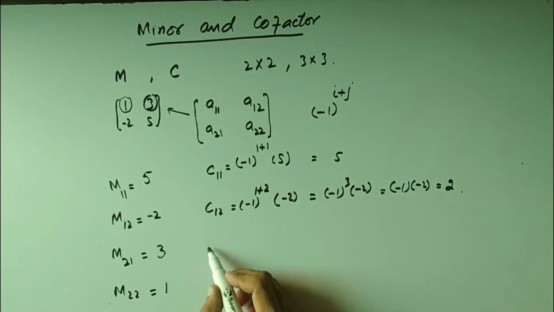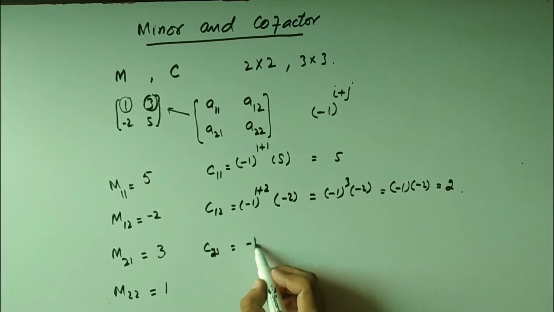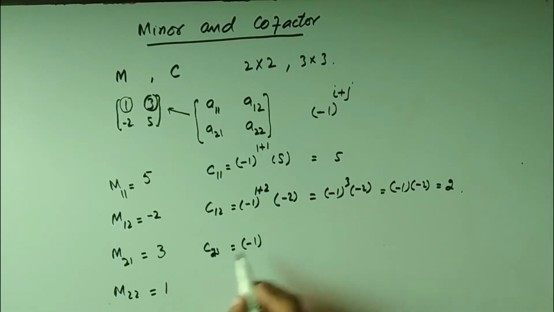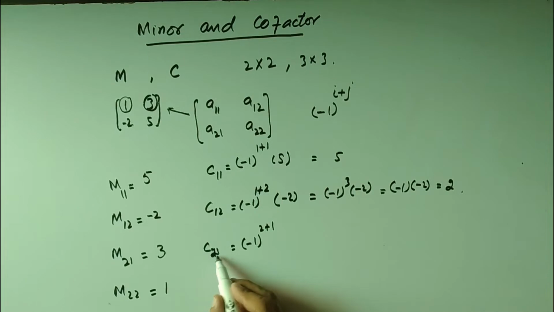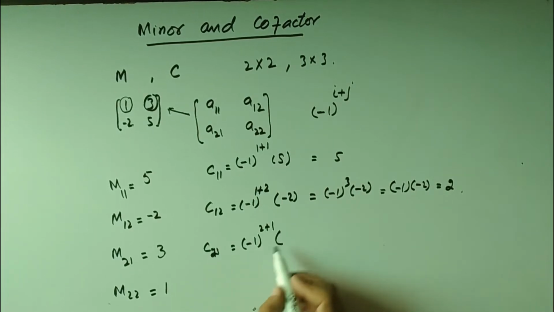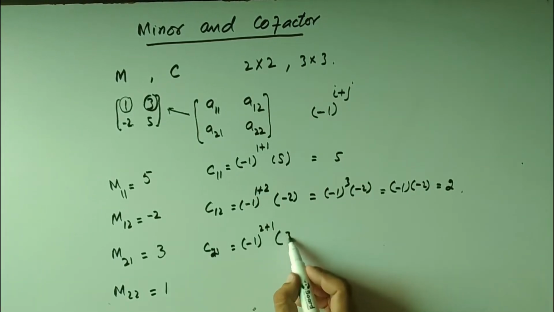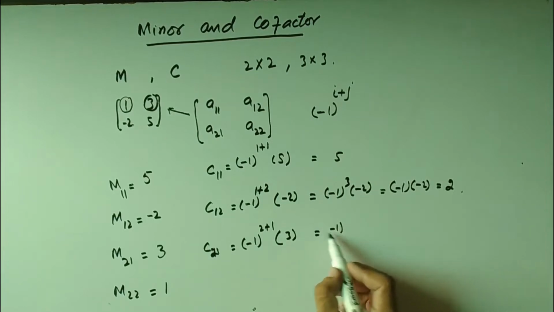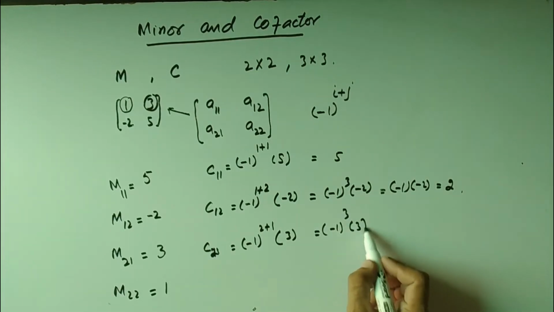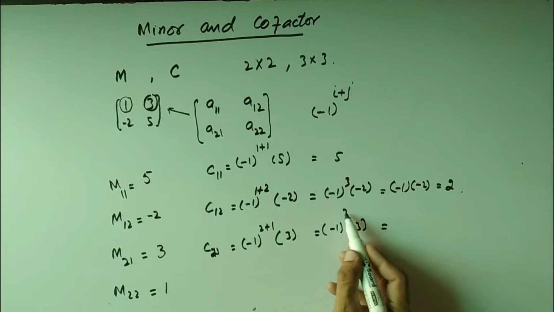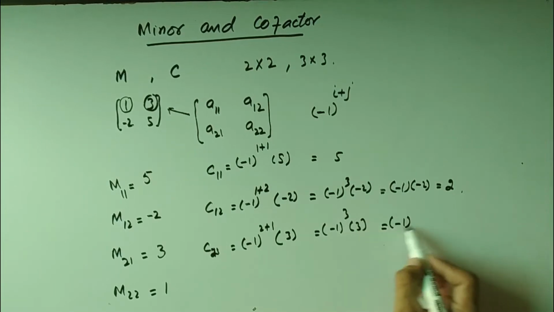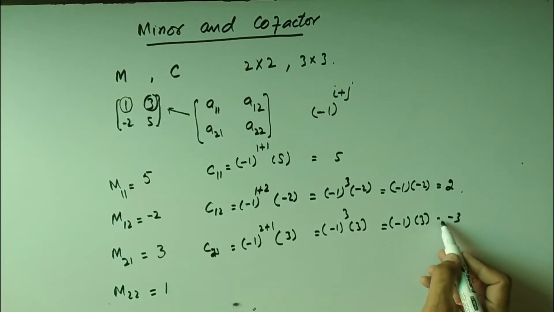Same like that, C21 is minus 1 raised to the power 2 plus 1, second row first column added, and the answer of the minor is 3. So minus 1 raised to the power 3. This will be an odd number, so odd will be minus. This will be 3, so minus 3 will be the answer.